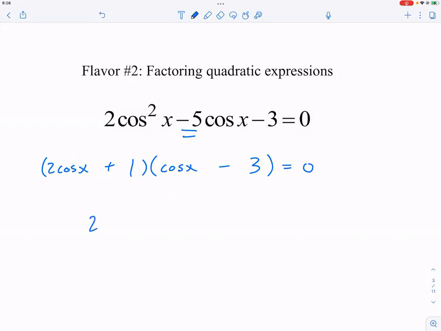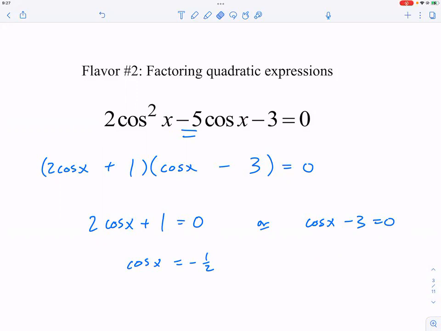And once we have these two parentheses, we can go ahead and write down our two possibilities, because each one of them could be 0. So we say cosine x could be -1/2, and cosine x minus 3, huh?